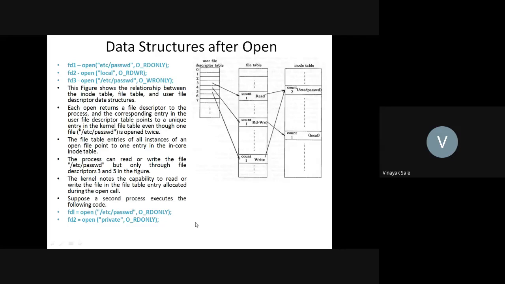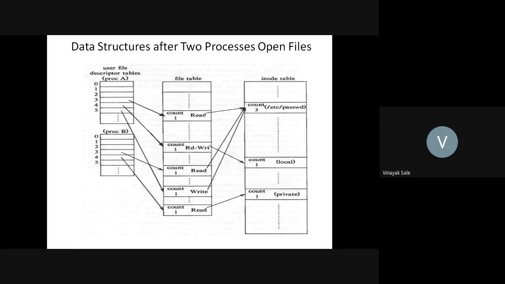So see in this figure, there are two processes, process A and process B, with the user file descriptor table, then the file table, then the inode table. Here the file is opened for reading purpose, so count is 1, for read write count is 1, then for reading again count 1.